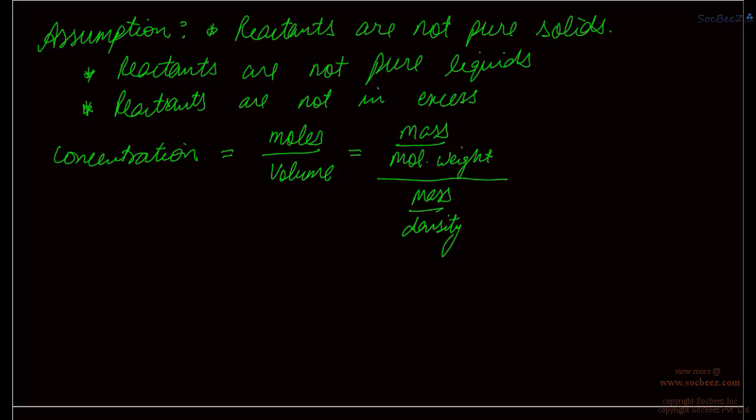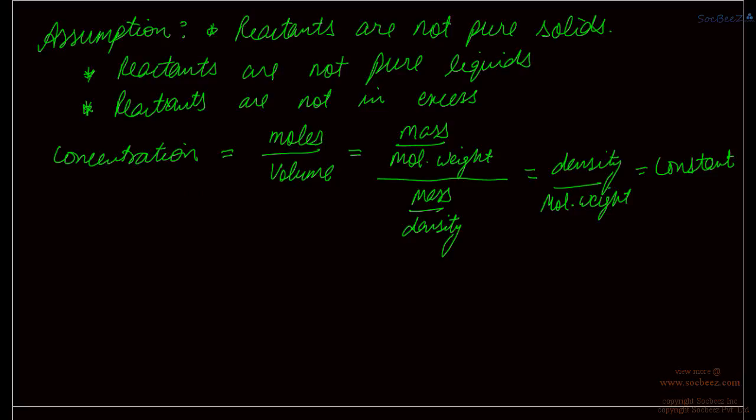Now the density of pure solid and pure liquid does not change. So this quantity becomes density upon molecular weight, which is a constant term. Hence, species which are in their pure solid or pure liquid form, we do not consider them in the expression of rate law.